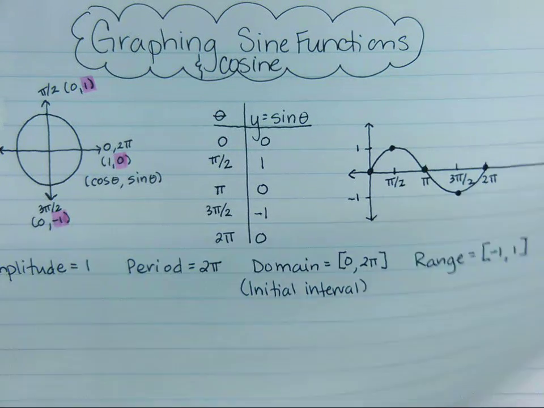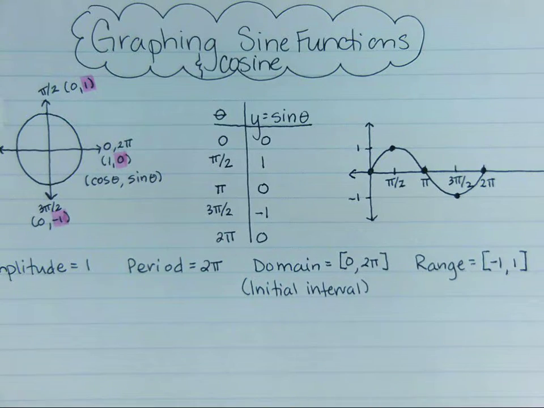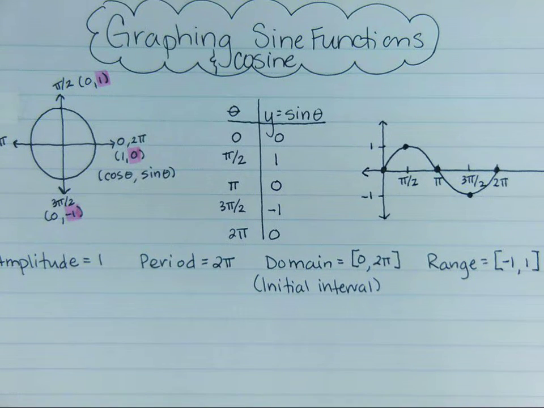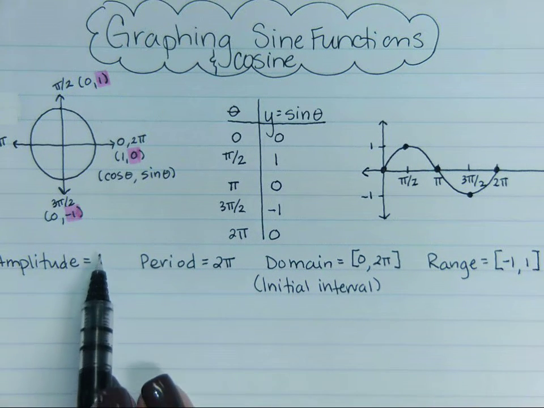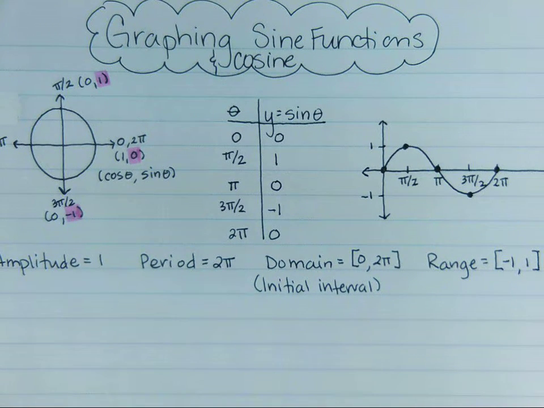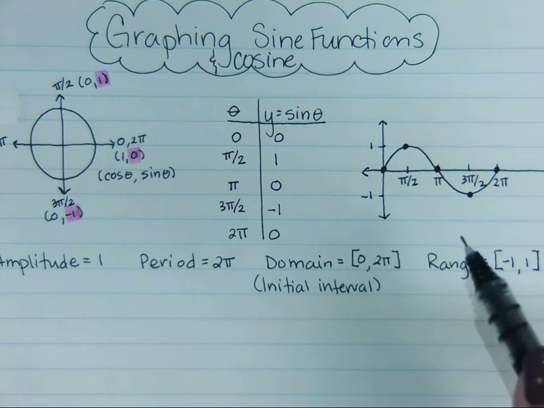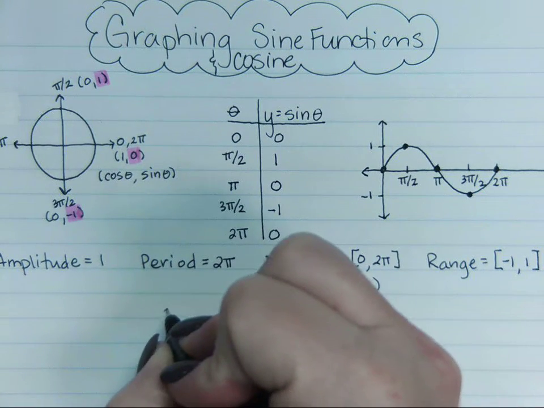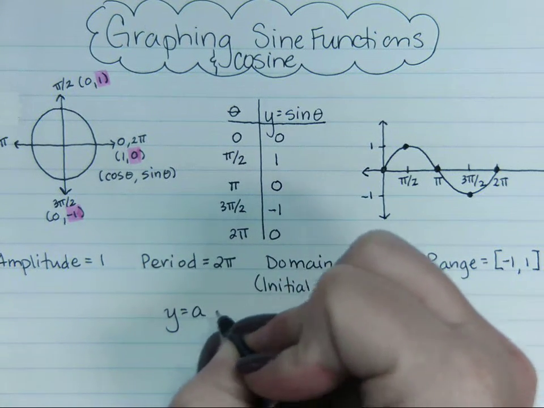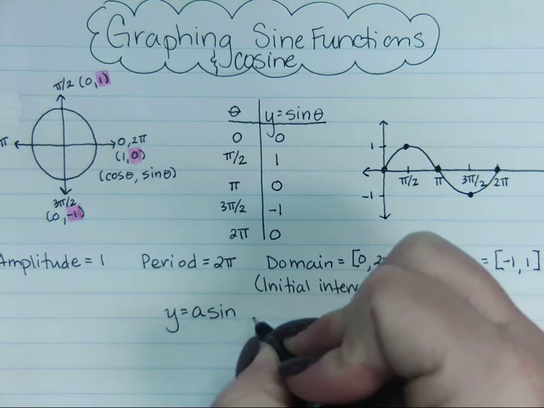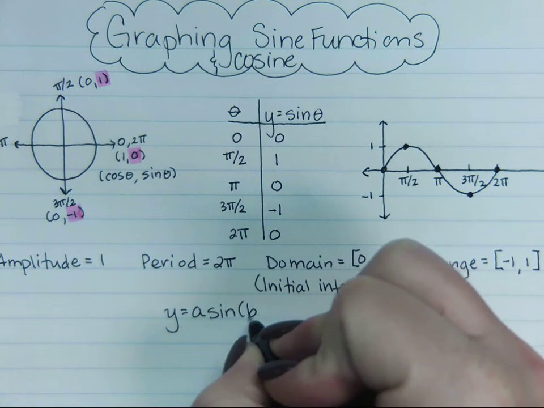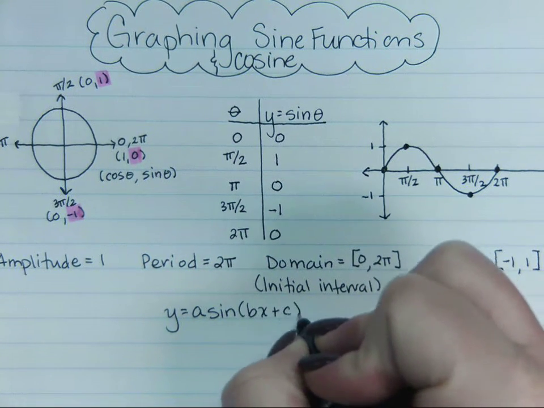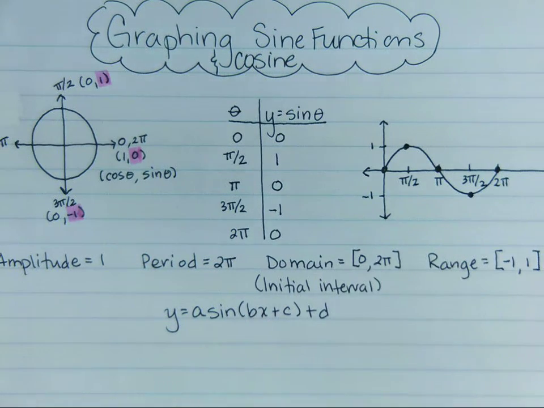And so these are some key characteristics of your sine function in terms of what we know about the distances and the lengths. And so when you are looking at a sine curve, there's some kind of a standard form that we used. So it's y equals a times the sine of bx plus c plus d.